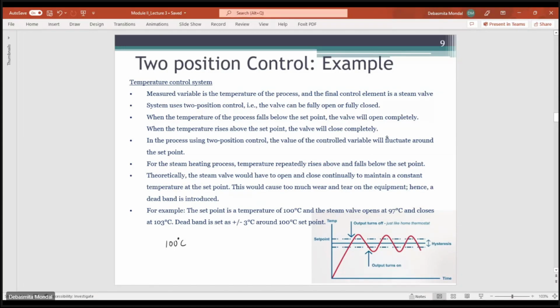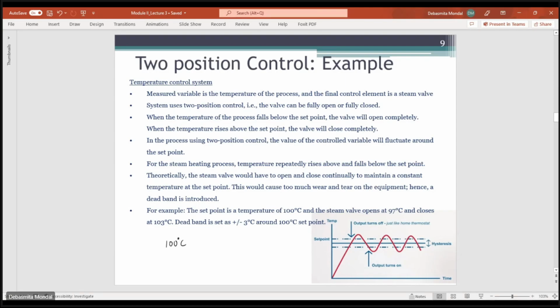This process will keep on continuing. In this process, the value of the control variable is fluctuating around the set point. Theoretically, this steam valve will have to open and close continuously in order to maintain a constant temperature in the whole process.